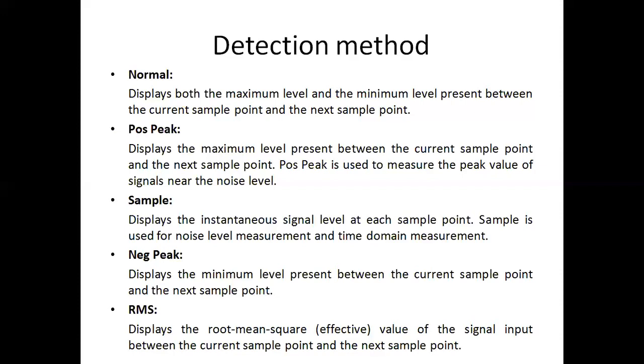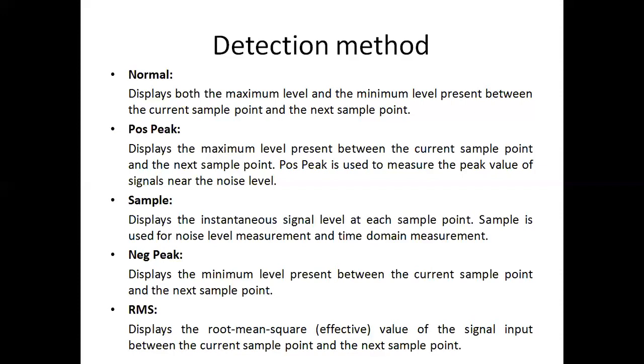The third type is the sample detection method. It displays the instantaneous signal level at each sample point. This sample is used for noise level measurement and time domain measurement. And the fourth one is negative peak. This negative peak type of detection method is used for detecting the minimum level of signal present between the current sample point and the next sample point.